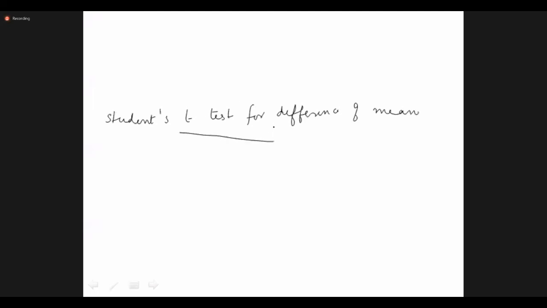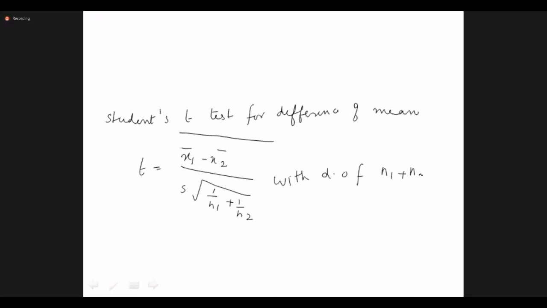For the test statistic, 2 samples we are taking. So t is equal to x1 bar minus x2 bar divided by S into root of 1 by n1 plus 1 by n2. Earlier we saw x1 bar minus x2 bar by sigma into root of 1 by n1 plus 1 by n2 in the case of a large sample. Here the degrees of freedom is different: n1 plus n2 minus 2.